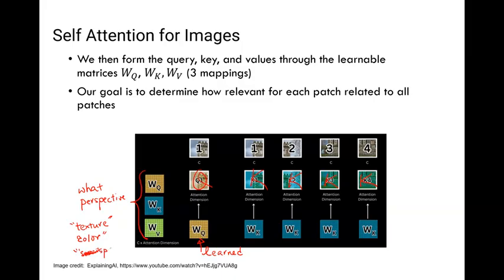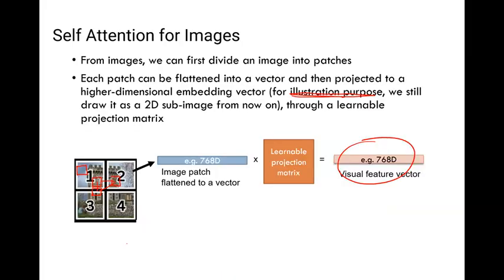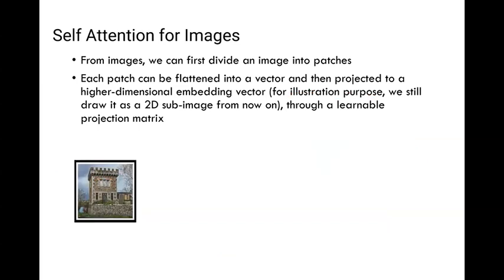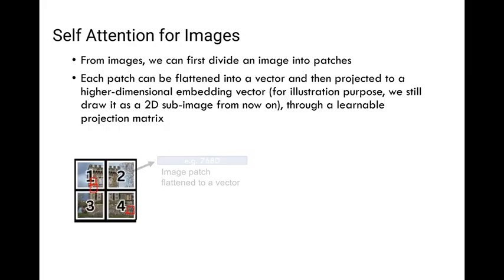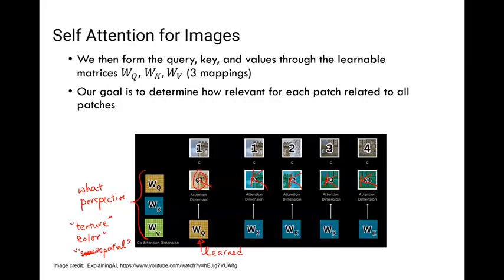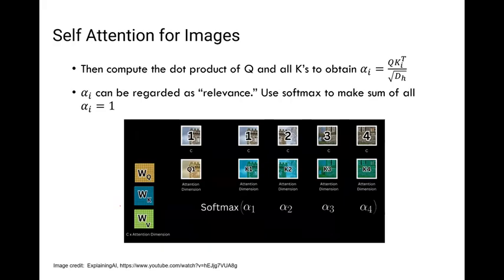For example, spatial. From the spatial perspective, what does that mean? That means, for example, whether this patch and the other patch are next to each other or far away from this one, so their spatial relationship. It depends on what you are looking for. It doesn't matter what perspective; during training the machine will find a perspective to look at.